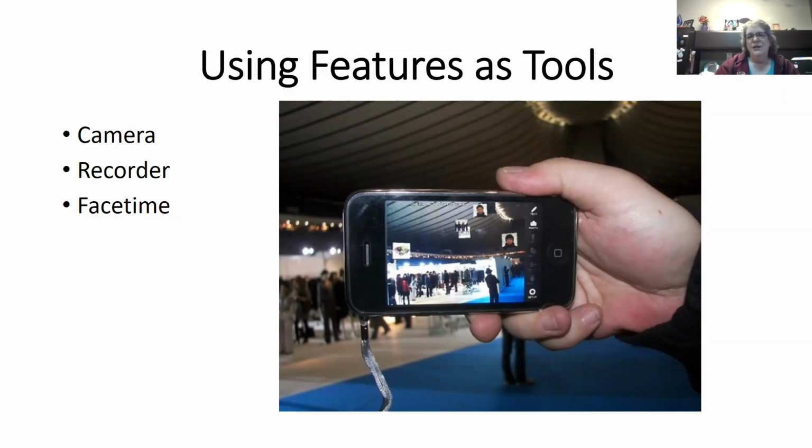So it's a great way to do communication back and forth between multiple parties. And like I said, I'm a big fan of using the recorder if you're in a high stress situation.